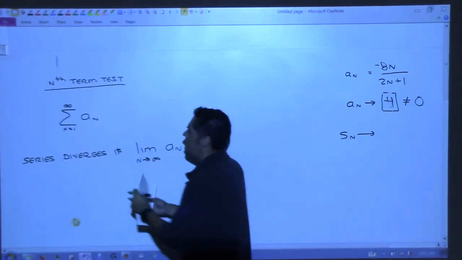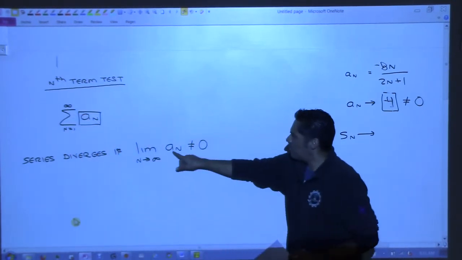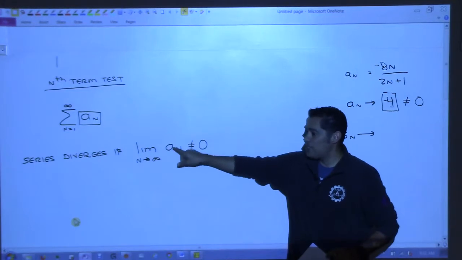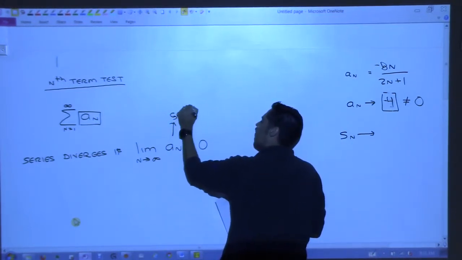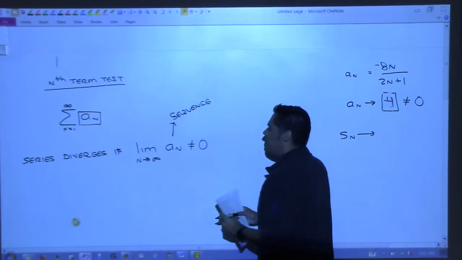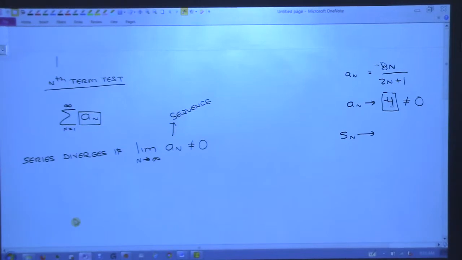So if you look at the sequence in here, the thing we're adding up over and over and over, if you take the limit of the sequence and it is something other than 0, divergence is guaranteed. All right?